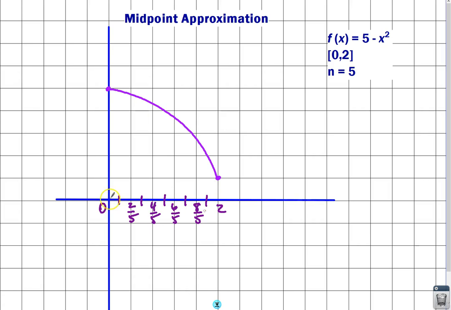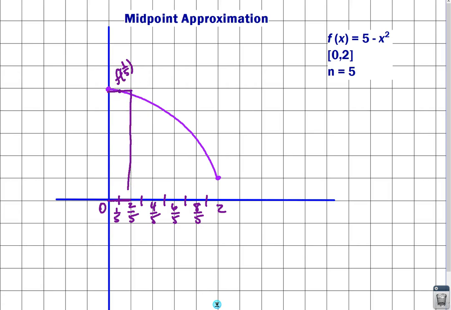Okay, so then my rectangle, the width of it is still going to be 2/5 all the way across. But now the height of my rectangle is going to depend on the y value of this x coordinate. So if I'm at 0 and I have 2/5, in between is going to be 1/5. So f of 1/5, about right here, will give me the new height of my rectangle that I want.